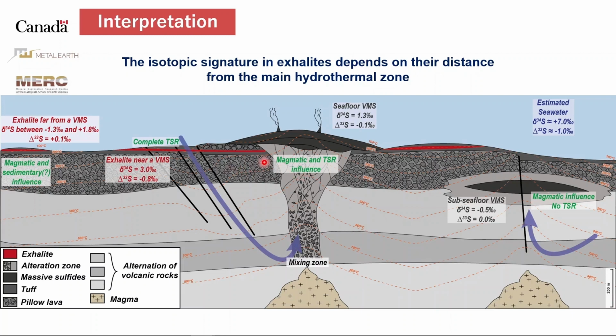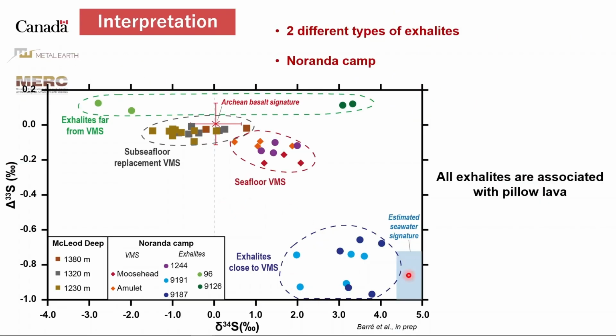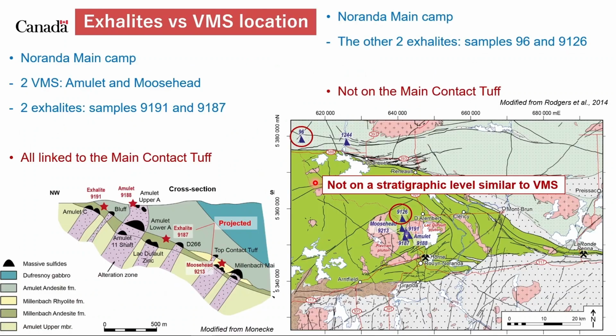But definitely there is a link with where they form, because the exhalites that show the isotopic signature of seawater sulfates are all linked to the main contact, as all the VMS are, but all the others are definitely not linked to this contact. So there is definitely a genetic link in the isotopic composition, but it will be interesting to better understand how they form.